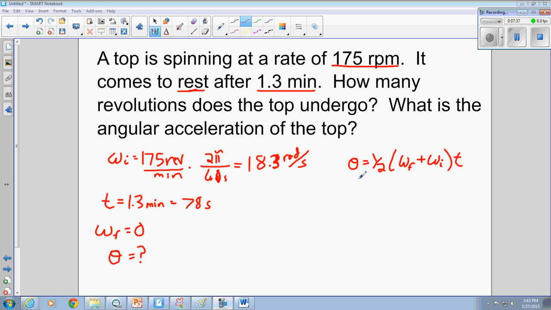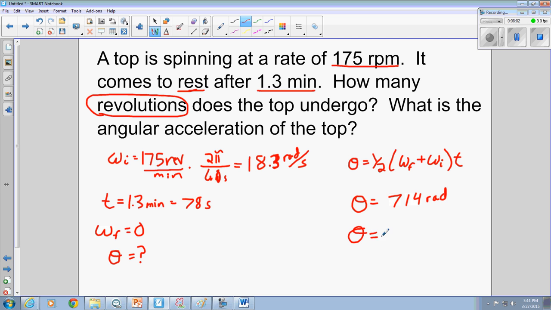Using the second formula, plugging in our numbers, we'd have 18.3 plus 0, multiplied by 78 seconds, to get our angular displacement. That's 714 radians. They do want to know how many revolutions it undergoes. So if we convert that back to revolutions, we would get 114 revolutions. We're just dividing it by 2 pi.